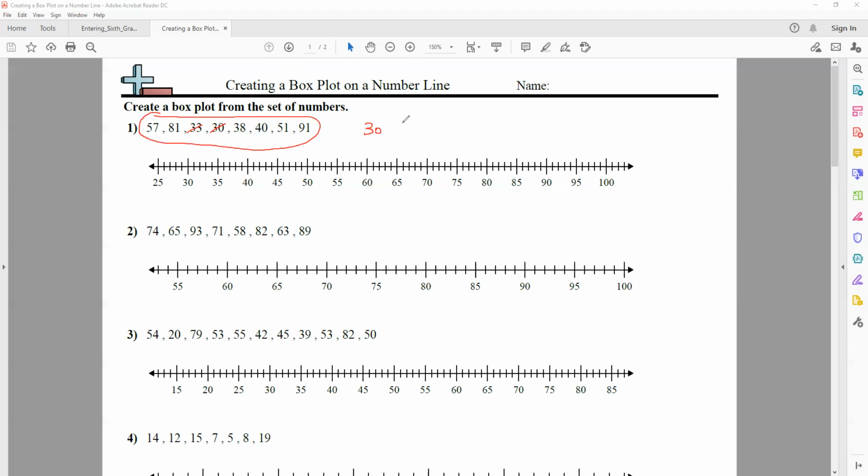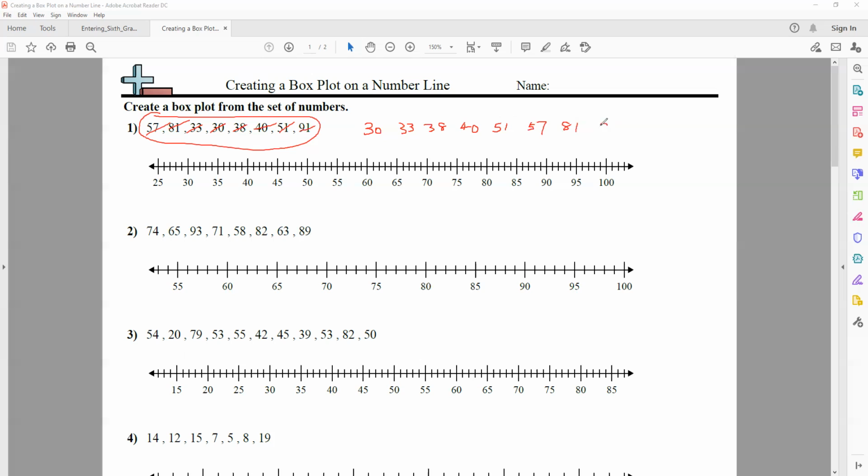The next one is 33, then 38, then 40. So that's four numbers here. And then the next one is 51, 57, and then 81 and 91. So there are eight numbers total.